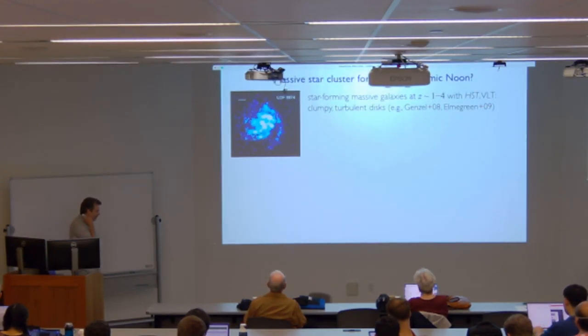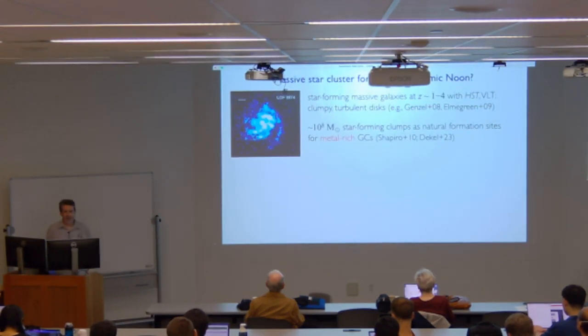So let's start with this redshift of 2, cosmic noon. A long time ago, these observations came in from HST and from ground-based adaptive optics of these turbulent disks, with massive star-forming clumps that would be natural formation sites for globular clusters. If you want to form a million solar mass globular cluster, what better place to do it than where you've got 10 to the 8 solar masses in the molecular clouds around?